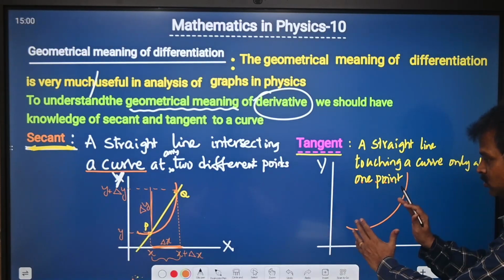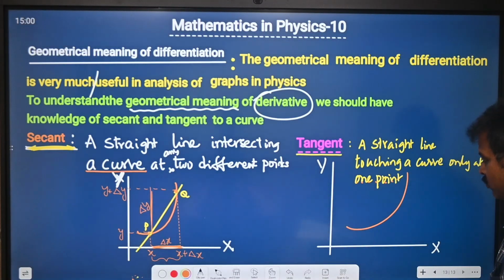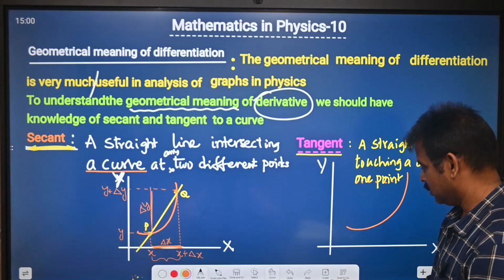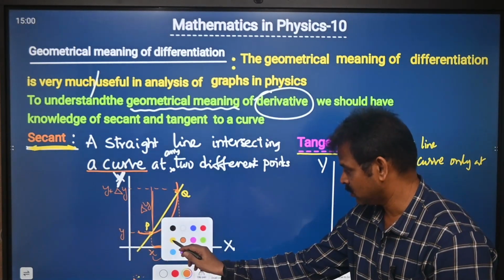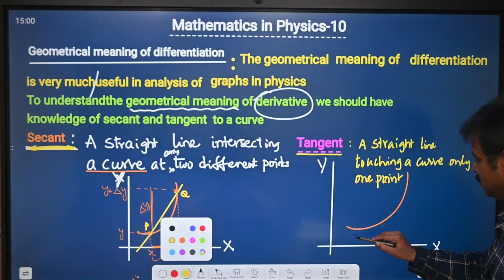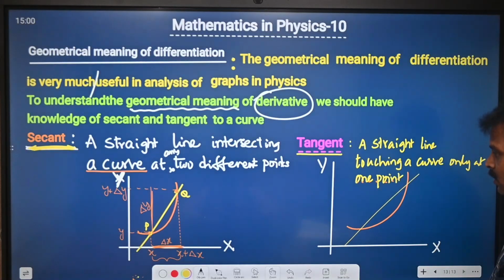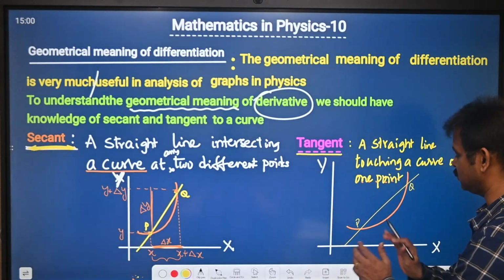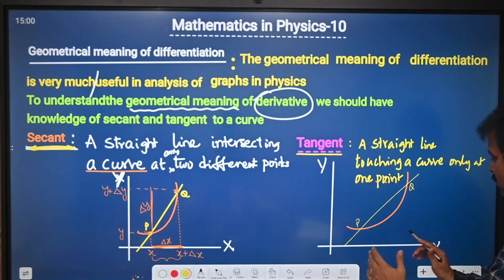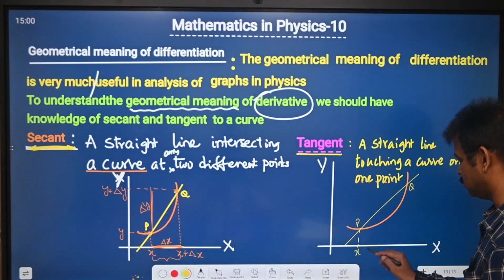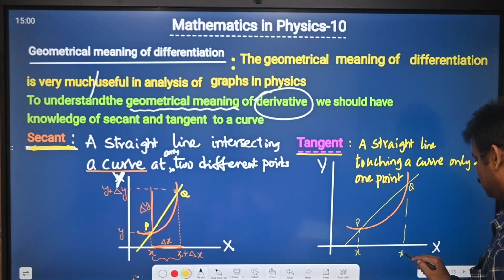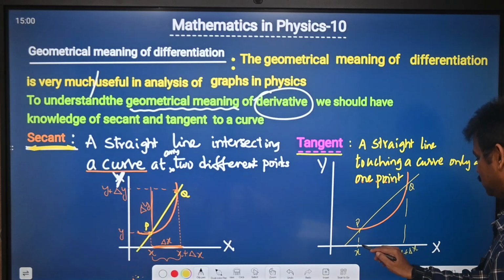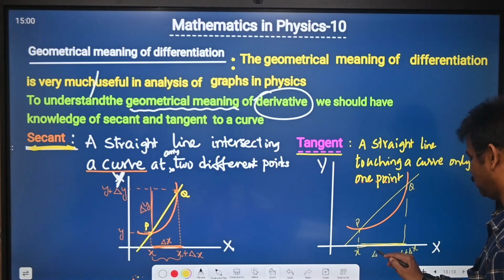Now, if you reduce delta x to a very small value, first let me take the same secant. This is our secant. This is P, this is Q, and if I reduce this, when delta x is reduced, this is x, this is x plus delta x.